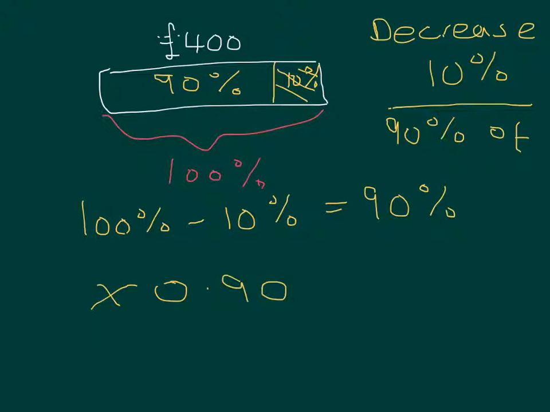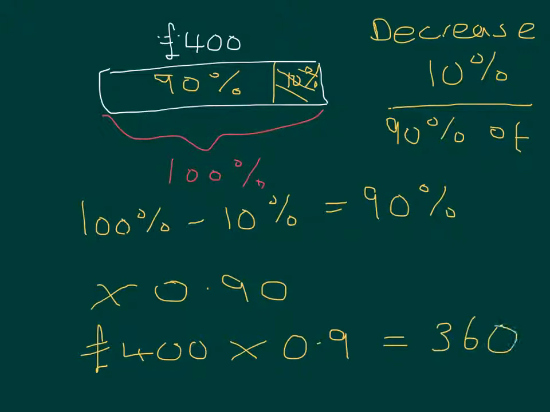So if I want to find a decrease of 10%, I just need to multiply my amount by 0.9. So if I wanted to do 10% off 400, 400 multiplied by 0.9, if you pop that into your calculator, that will give you 360. And I haven't had to work out 10% and do any subtraction. My calculator will do it all for me.